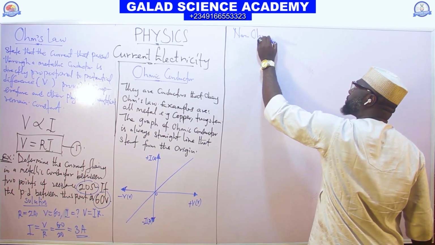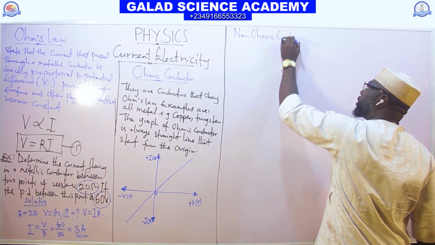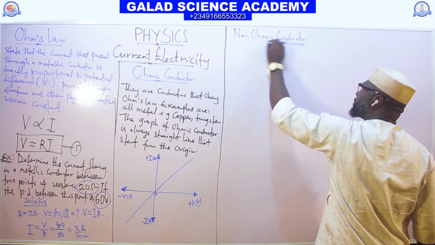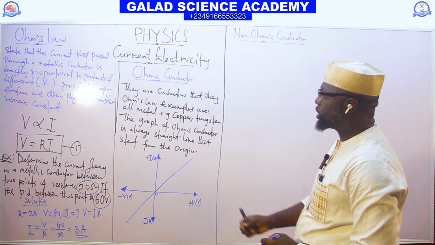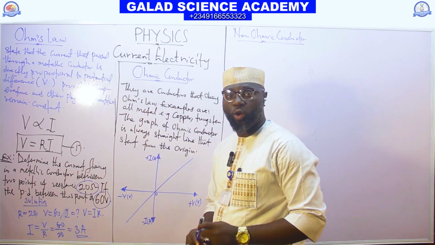But the next one is the non-ohmic conductor. The non-ohmic conductor is the opposite of the ohmic conductor.